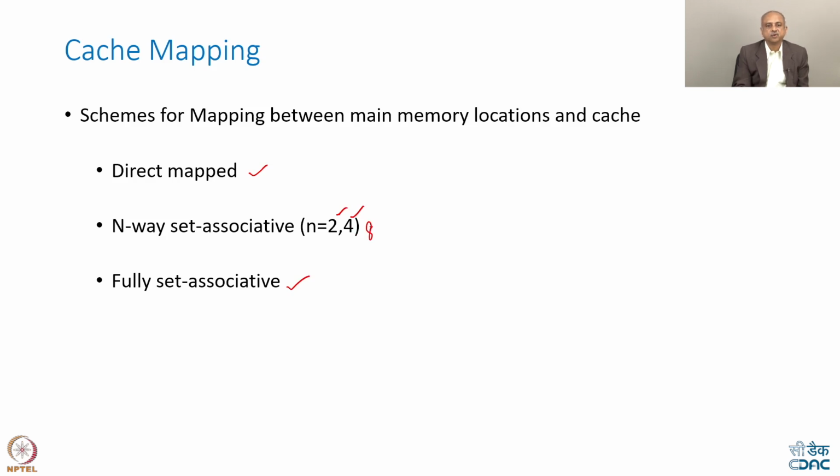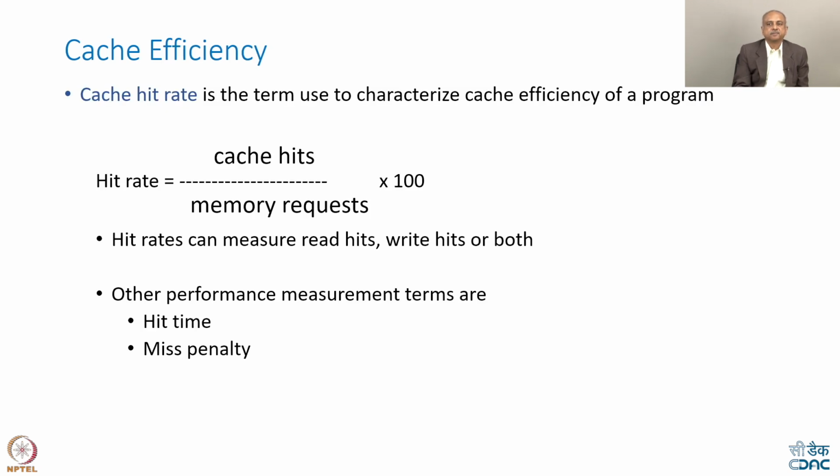Unfortunately, we do not have time to get into details of this, but each one of these schemes has its advantages and disadvantages. Now, it would be important to know how the performance of this cache system is measured.